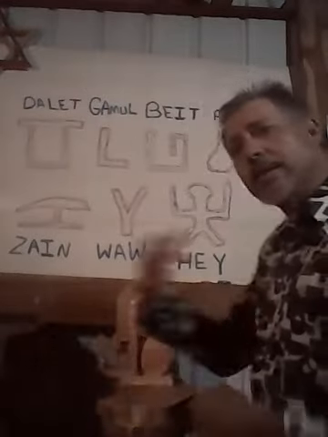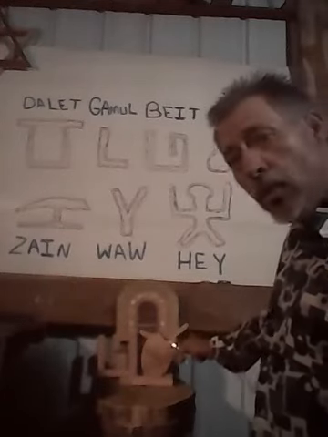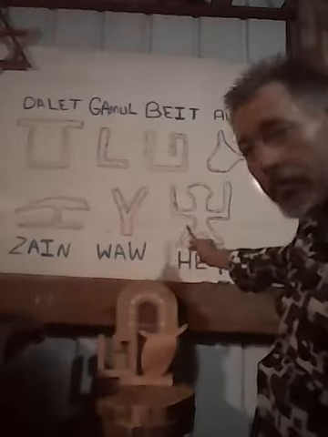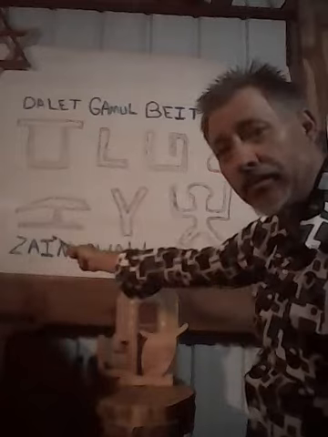He's leading them to his design and his making of the Aluphbeit. So the Aluph, the Beit, the Gamo, the Dalet, the Hay, the Wall, and the Zain.